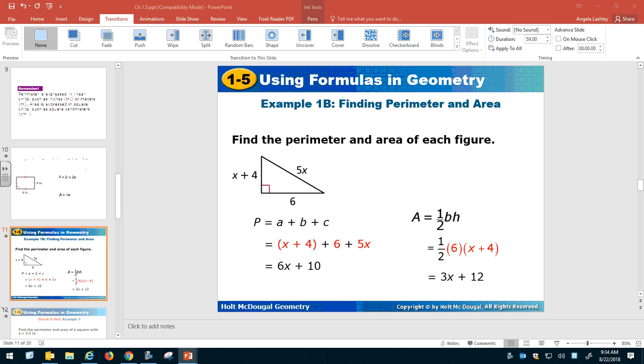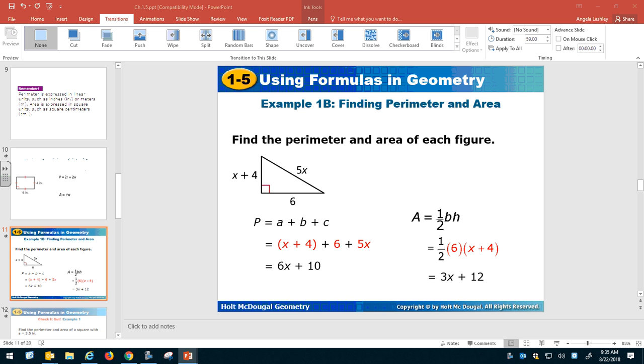I will also tell you that every formula that's on that board you're going to have to memorize and know for the test, okay? So any formulas that we learn you have to know. All right, let's simplify this. What's 1/2 of 6? 3. Make sure when you plug those values in that you put them in parentheses or you'll forget to do what? What's next? Distribute. So we have to distribute, and what do we get?